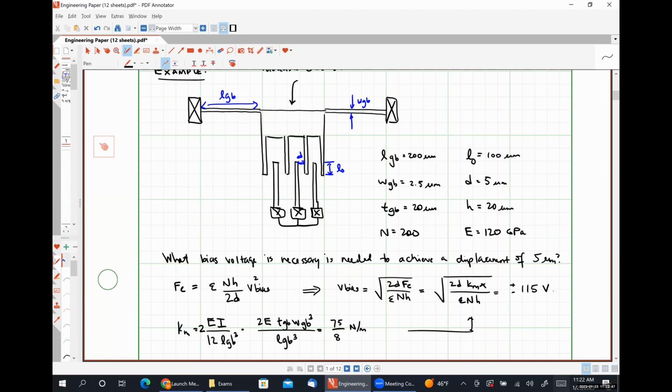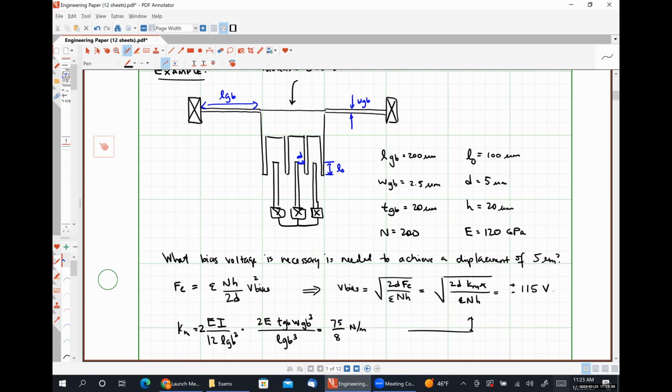Obviously, if we made our springs softer by either making the length LGB longer or the width WGB smaller, we would have softer springs and could therefore achieve a similar displacement for a smaller voltage.